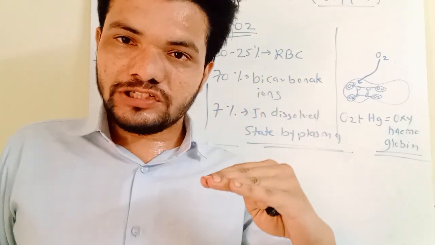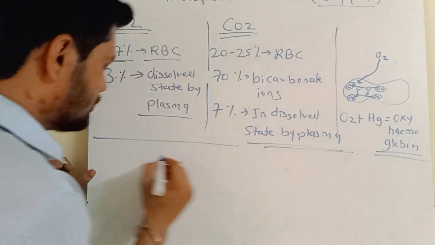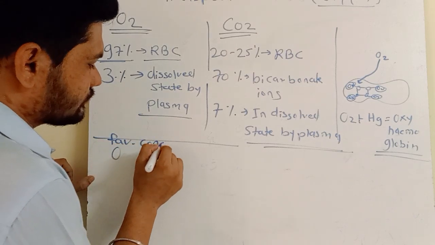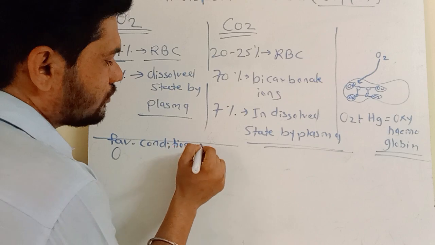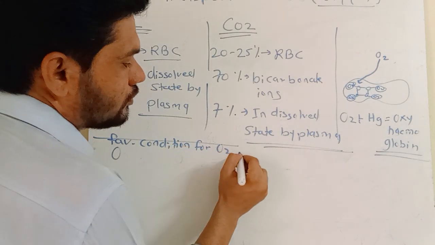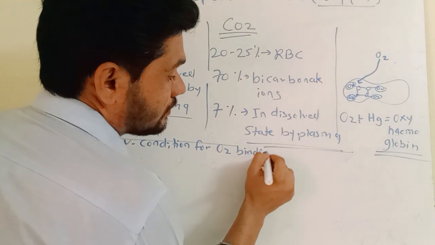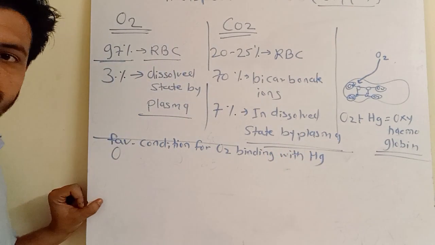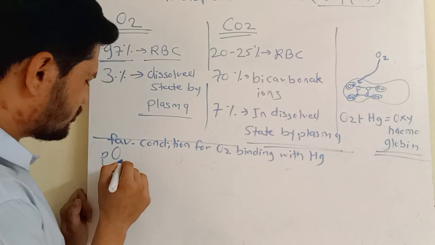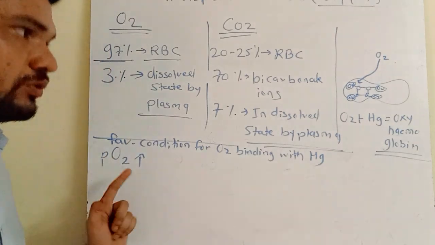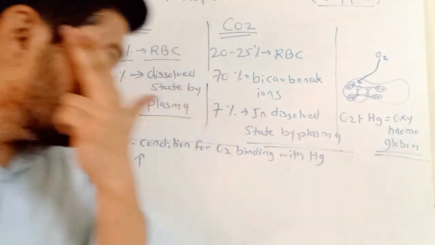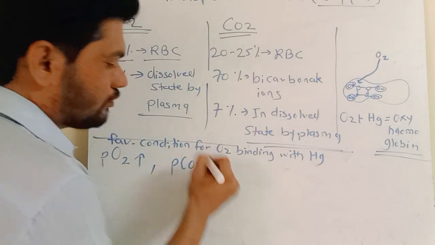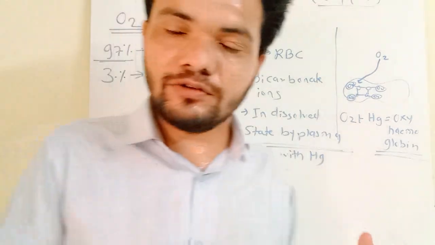Suppose partial pressure of oxygen is very high. What is the favorable condition for O2 binding with hemoglobin? The partial pressure of oxygen should be high so that hemoglobin can bind to the oxygen. Then the partial pressure of CO2 should be low because CO2 has greater affinity to the hemoglobin.